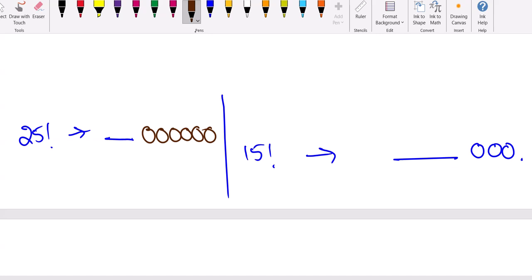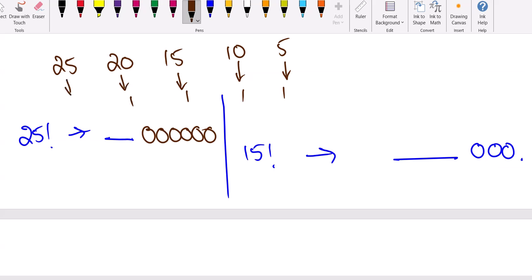Among the multiples of 5, 25 is there, 20 is there, 15, 10 and 5. Here 1 5, here 1, here 1 only, 3 into 5, here it is 4 into 5, but here you have 5 into 5, two things. Then you will get 6 zeros ending. Okay, so you can use these points also, not for this question anyhow.